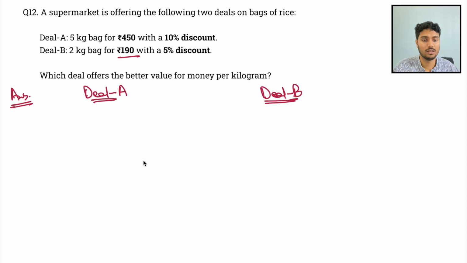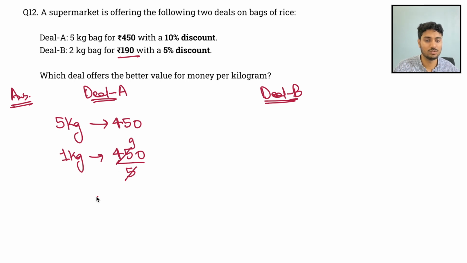Amount for each case. So we have 5 kg for 450 and 10% is discount. So let's find out what will be the price for 1 kg. 1 kg will be 450 divided by 5, so 90. So the cost is going to be 90 per kg, but there's additional 10% discount.